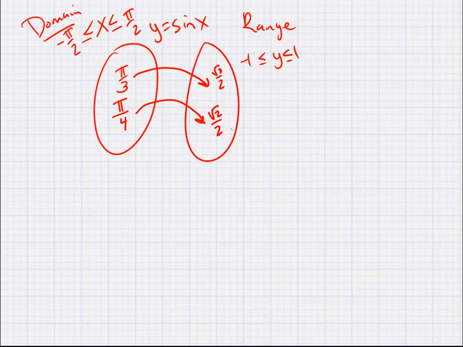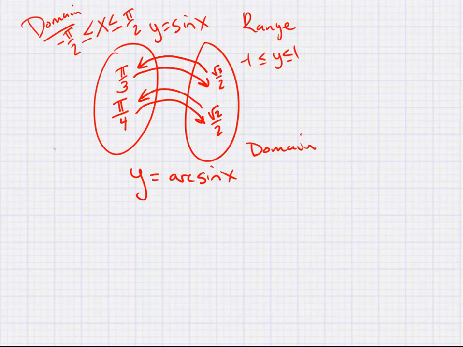Now remember your inverse. Your inverse goes the opposite way. So my inverse is going to go this way. And the function that goes that way is this function y equals the arc sine of x, or the inverse sine of x. Now, this is my domain for my inverse, and this is my range for my inverse.